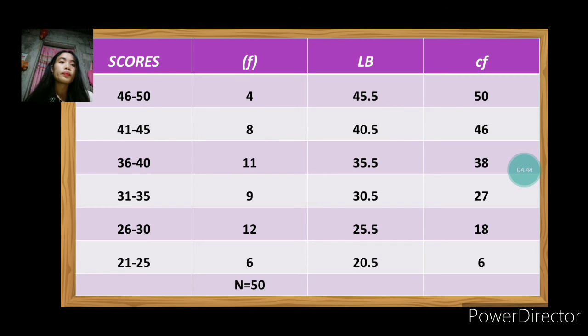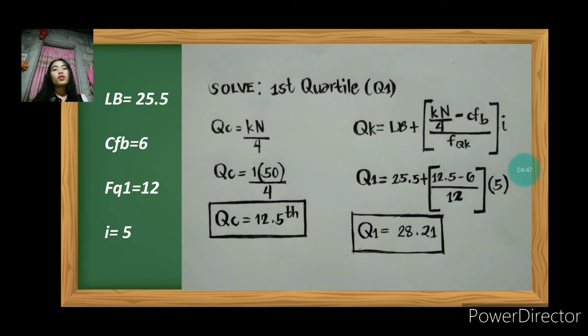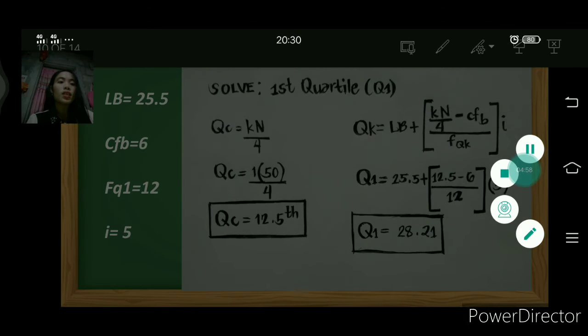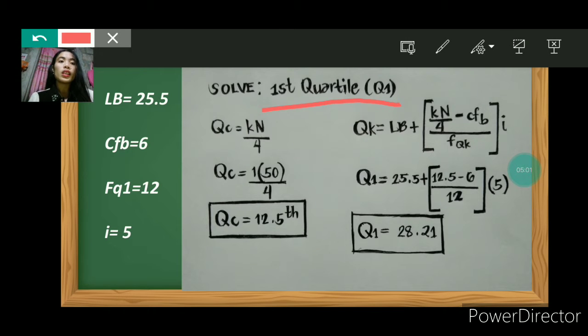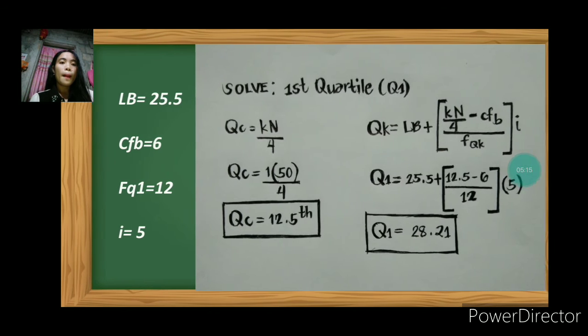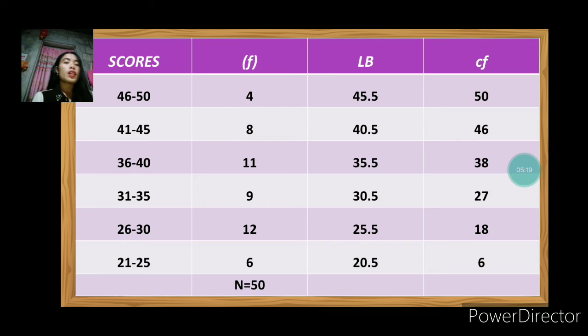So next, now let's try to solve. In order for us to get the first quartile, or the Q sub 1, because we have many groups, we will first get the quartile class in order to choose which row we will use in our solving.